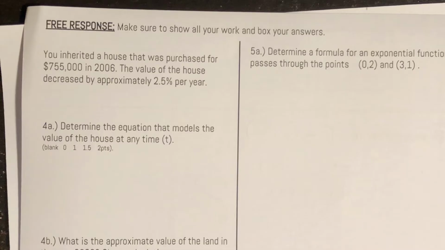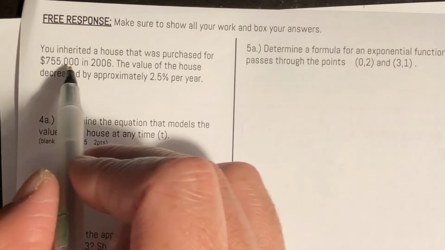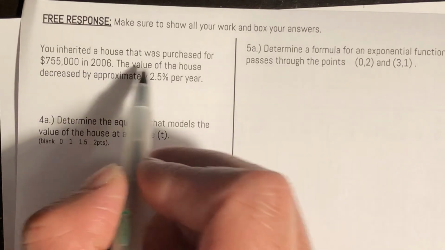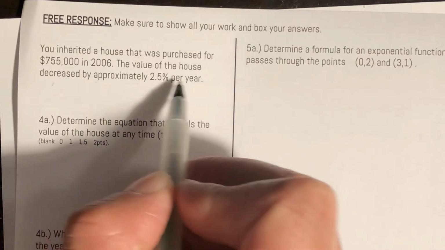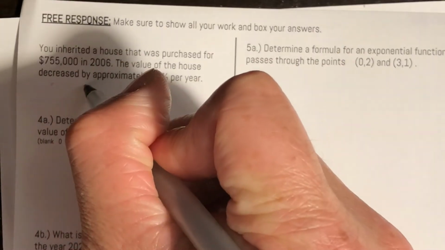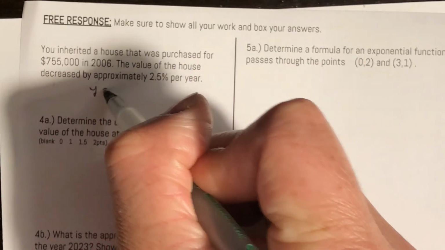Go to the backside. Backside, you inherited a house that was purchased for $755,000 in 2006. The value of the house decreased by an approximate 2.5% per year. So you can use population or exponential.